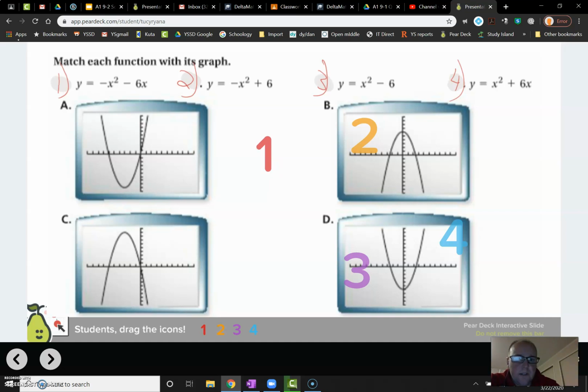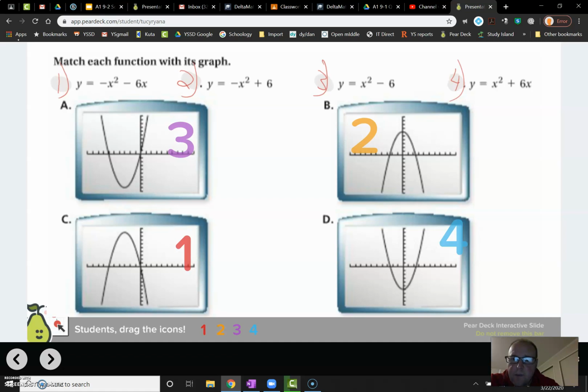All right, out of my last two, since we're down to 50-50 here, number 1, this one is upside down. So let's take our number 1 over here. So now number 3 must be here. Now the other thing that goes along with what we're talking about today, -b over 2a is going to be negative. So this should go to the left.